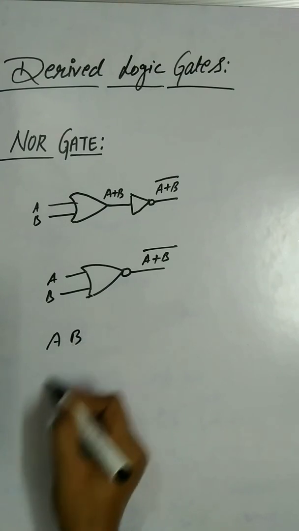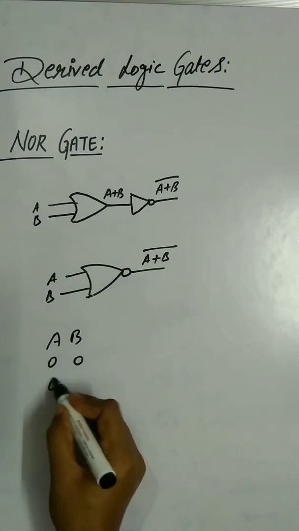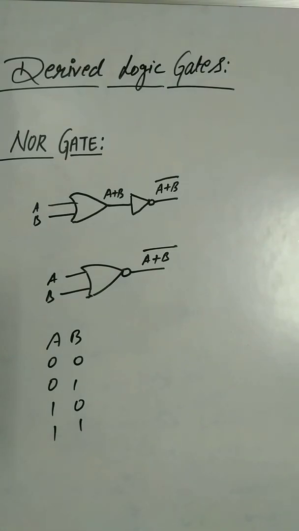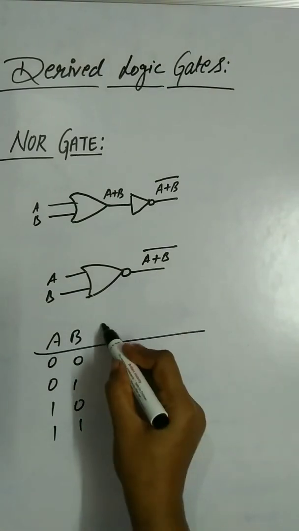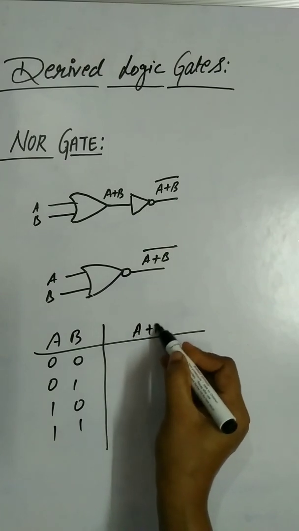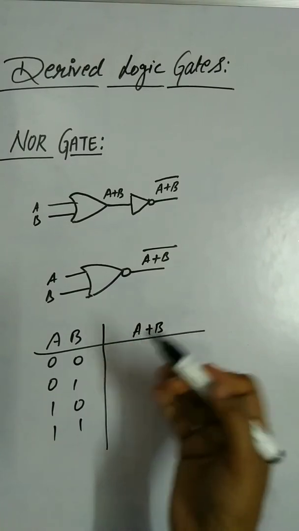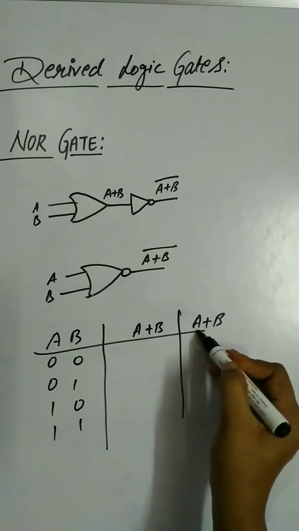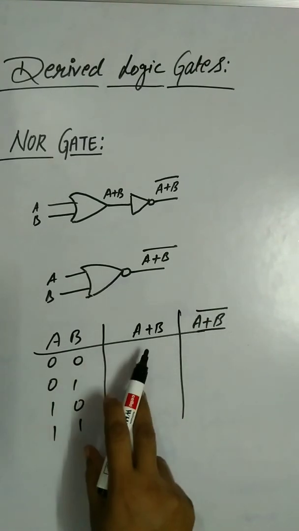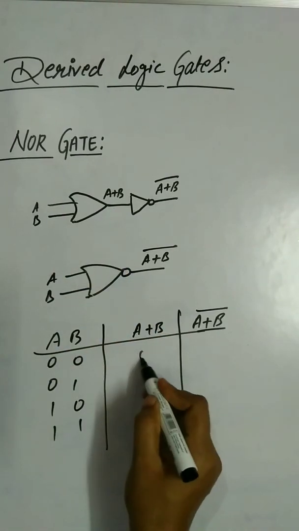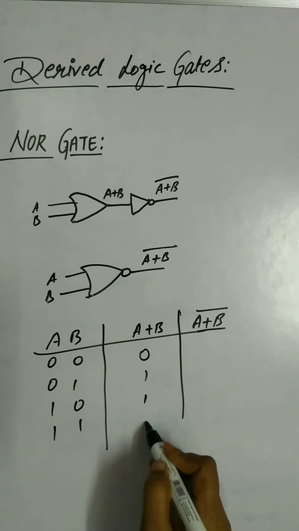Here I am taking two variables A and B. Write the combinations of two variables. It will produce A plus B, then A plus B whole bar. First of all, it performs A plus B, so 0, 1, 1, 1.